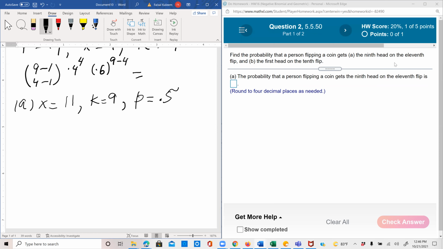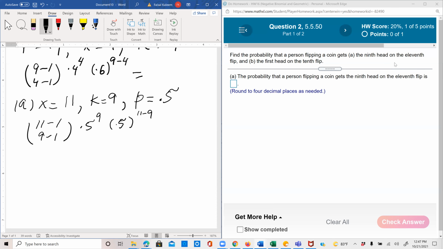So it would be 11 minus 1 combination 9 minus 1, p power k, so 0.5 power 9, and then 1 minus p is also 0.5 power x minus k, so 11 minus 9.